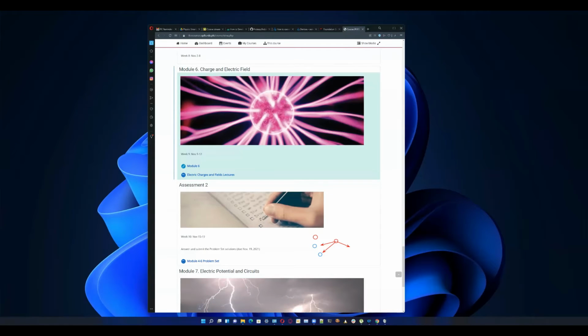So what will happen if each charge has its own electric field, like that. So for example, this one will have its own electric field. This one will have its own, and this one will have its own electric field. And the direction will depend on the sign.